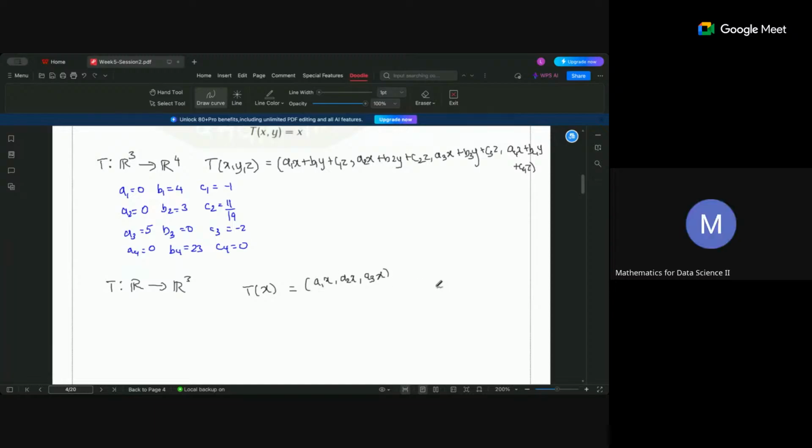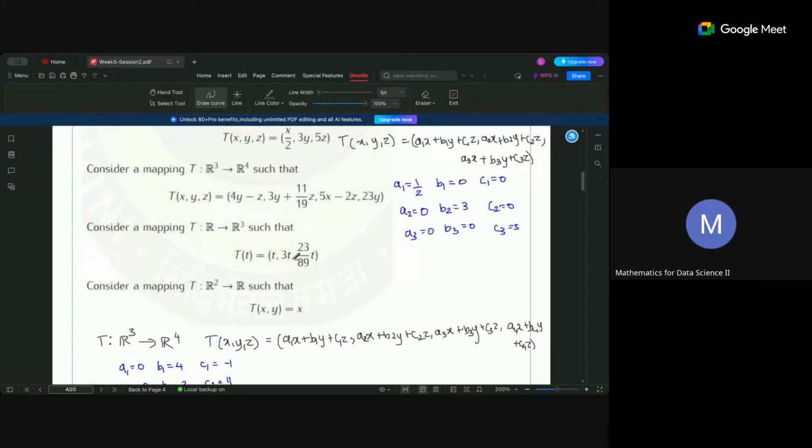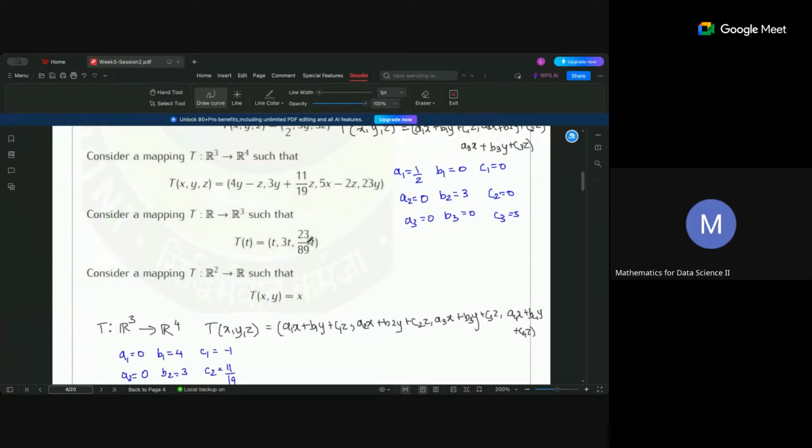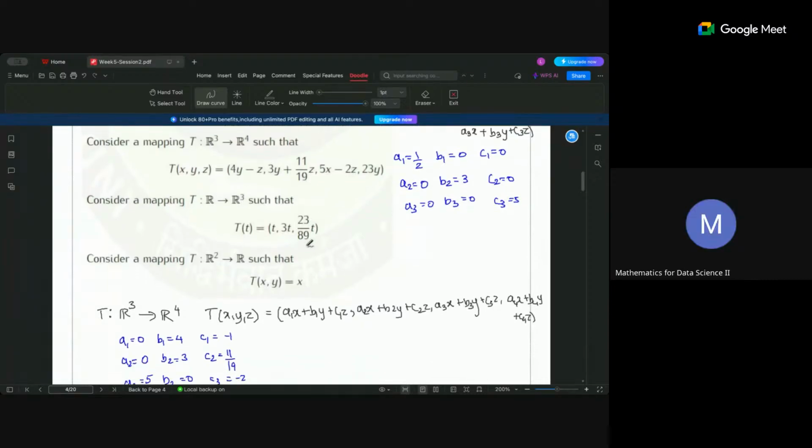So you have something like this. In this case, you see that A1 is 1, A2 is 3, A3 is 89.